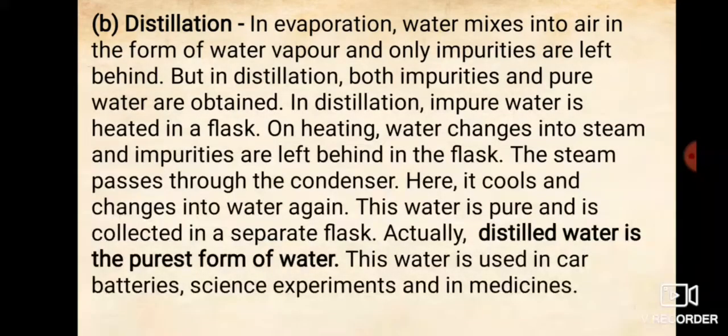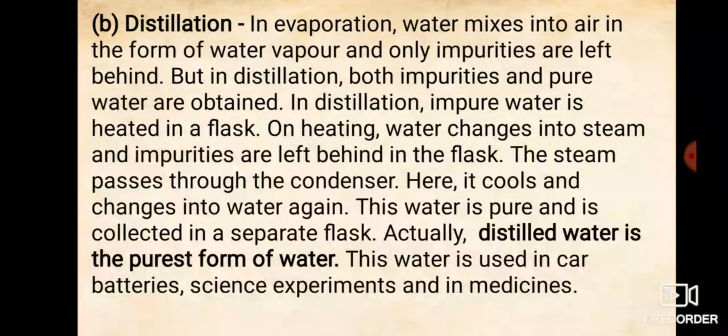Distillation. In evaporation, water mixes into air in the form of water vapor and only impurities are left behind. But in distillation, both impurities and pure water are obtained. In distillation, impure water is heated in a flask. On heating, water changes into steam and impurities are left behind in the flask.